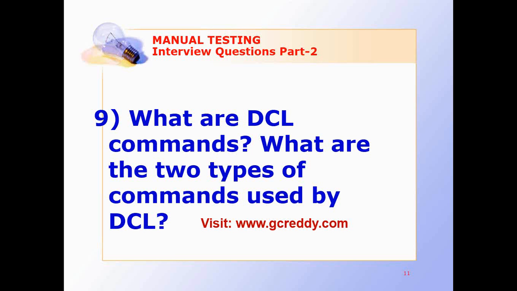The two types of DCL commands are grant and revoke. Grant. By using this command, user can access the privilege to the database. And revoke. By using this command, user cannot access the database.